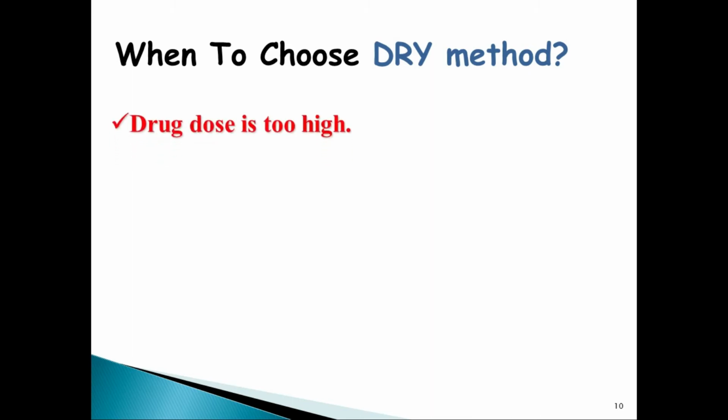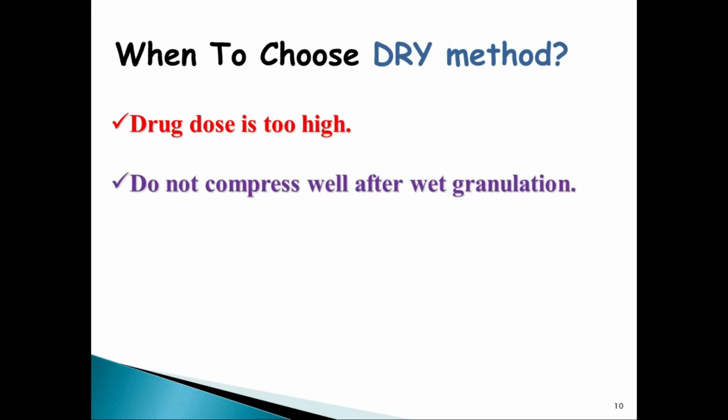Now firstly, as you have told, if the drug dose is too high, then we can choose a dry method. Secondly, if the drug does not compress well after wet granulation, if we are converting that drug into a wet granulation and it is not able to compress well, then we can choose a dry method.